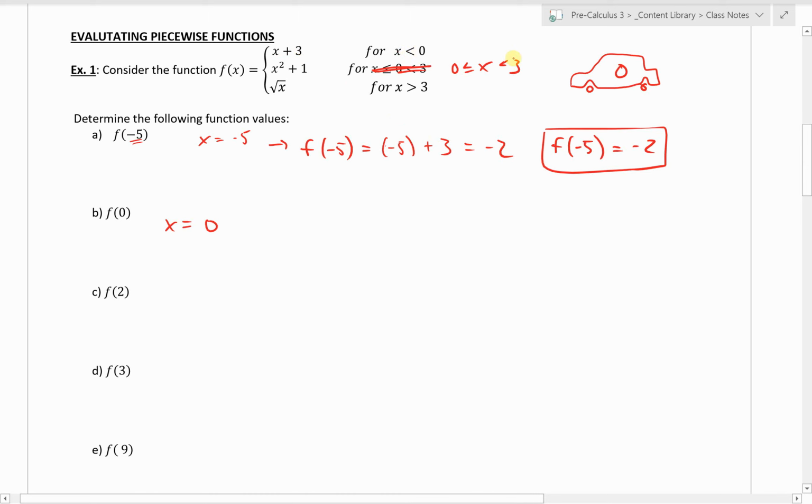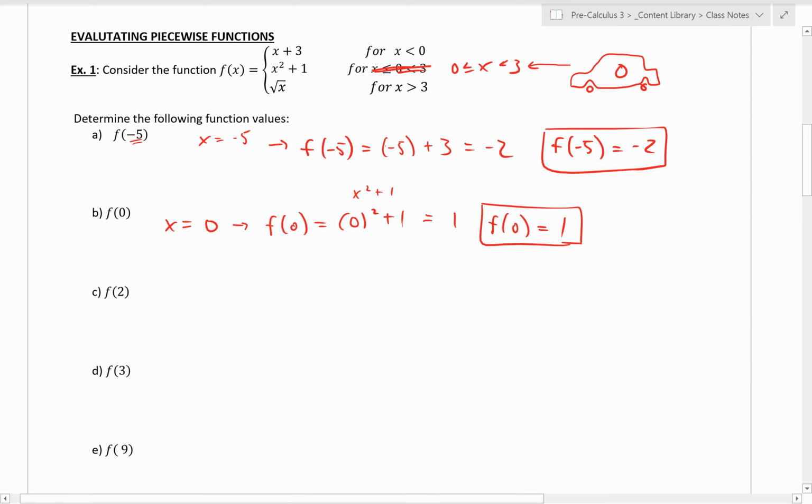The middle lane is for 0 less than or equal to x. So 0 is included in this middle lane, so my 0 car has to go into the middle lane. So f of 0 is going to use the middle function. I'll do 0 squared plus 1, and 0 squared plus 1 is just 1, so I know f of 0 is 1.